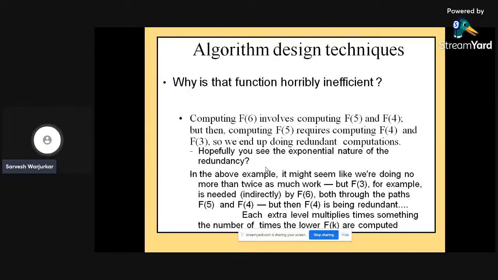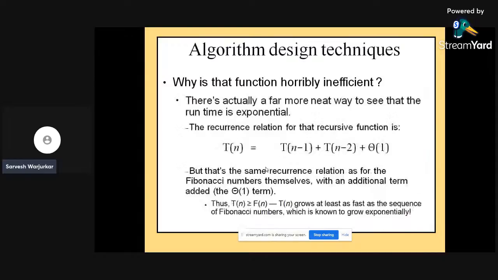Each extra level multiplies the work, and the number of times F of k is computed grows. This is the recurrence relation for that recursive function: T of n is equal to T of n minus 1 plus T of n minus 2 plus theta of 1, or big O of 1.